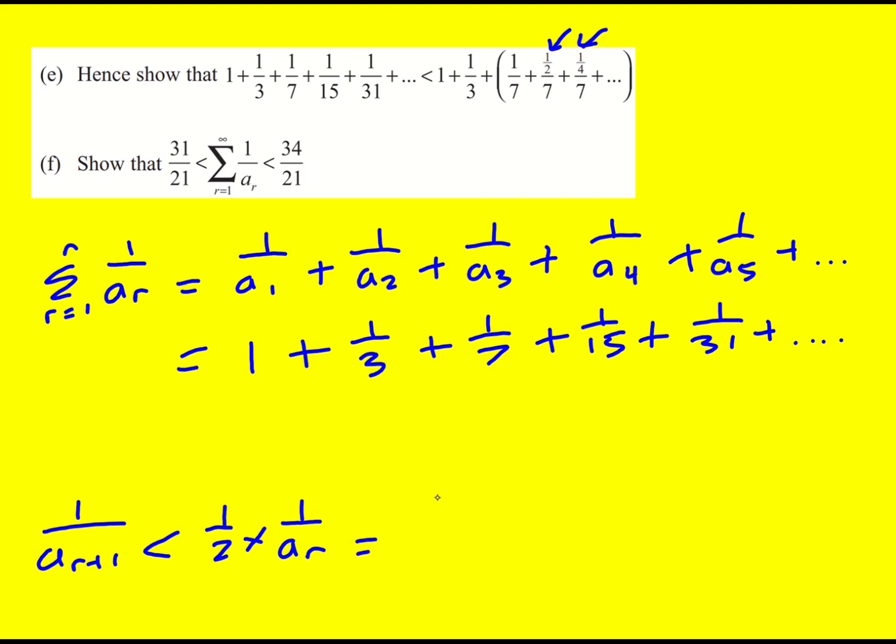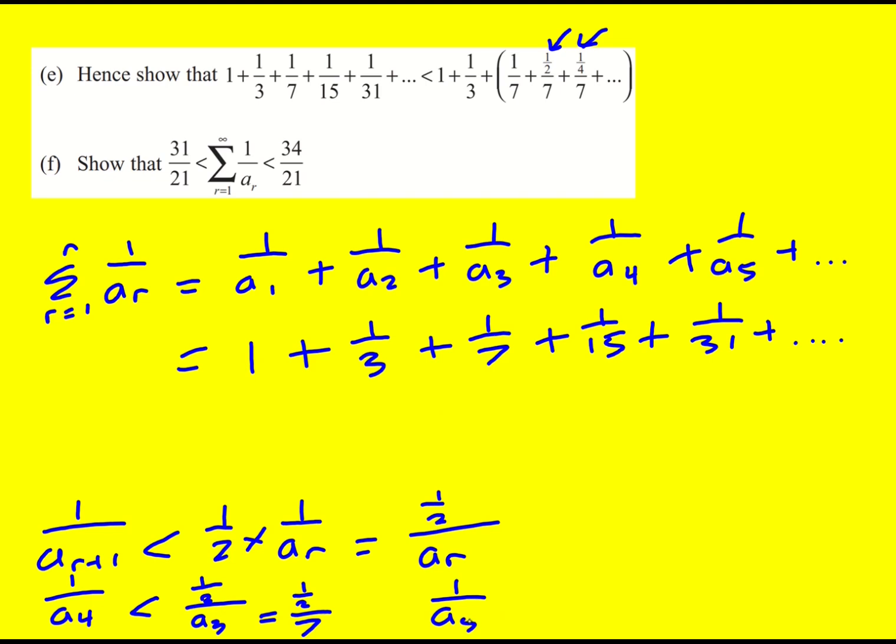So I can actually write this as a half over A_r. And what follows is that we can write down that 1 over A_4 is less than a half over A_3. And remember, A_3 was equal to 7. So this is a half over 7.